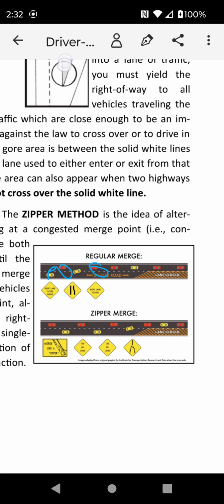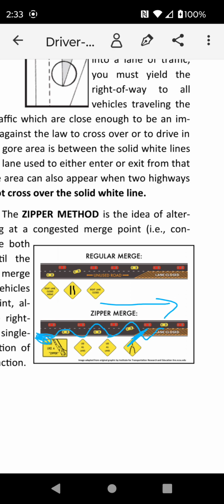Now below is the merging. That's a regular merge up top, by the way. This is the zipper merge, which, if there's many cars, you just kind of ease in, like what I was saying before, until you're like a straight line. But see right here, do not wait to be right here to cross.